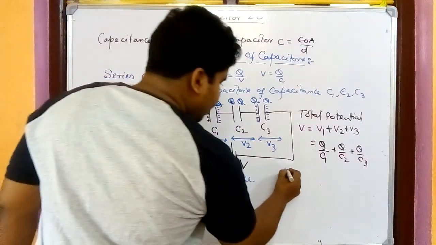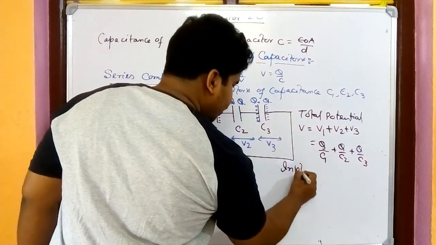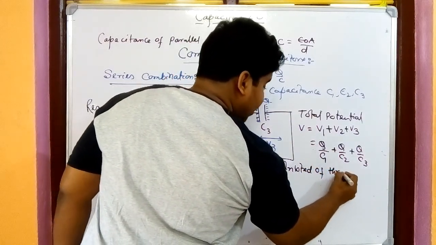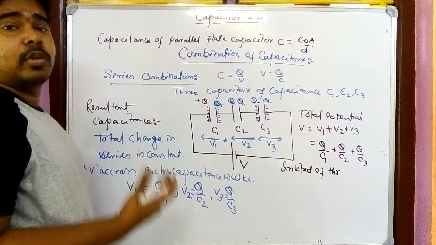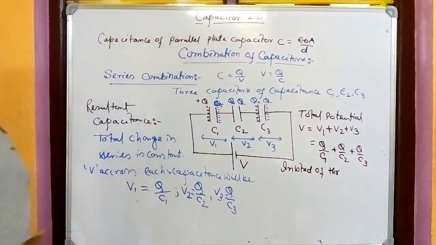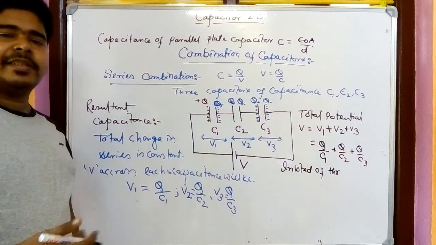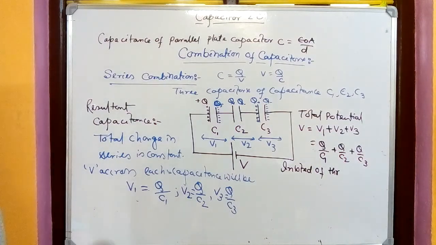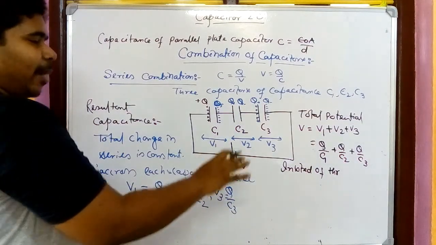Now, instead of the three capacitances, why am I saying resistance, I don't know. Because I keep saying resistance all the time, and we are very familiar with that, that's why I'm saying resistance, but it is capacitance.